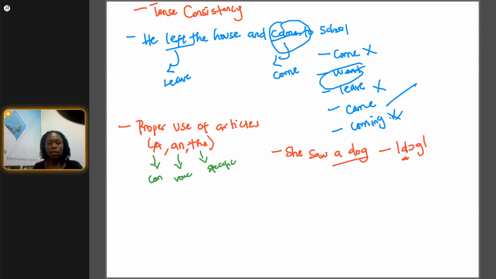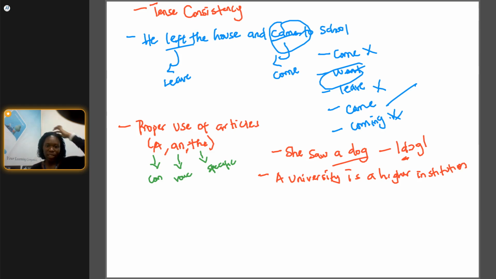You can have another example like: a university is a higher institution. Some people might be confused. You'll be like, okay, this u here is supposed to be a vowel letter, so why are we using a?